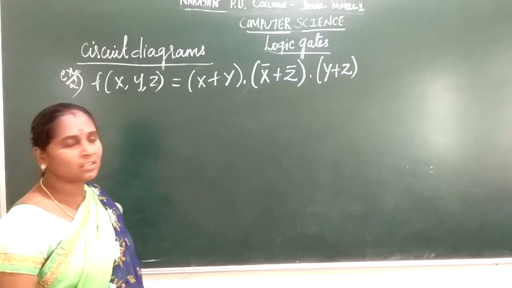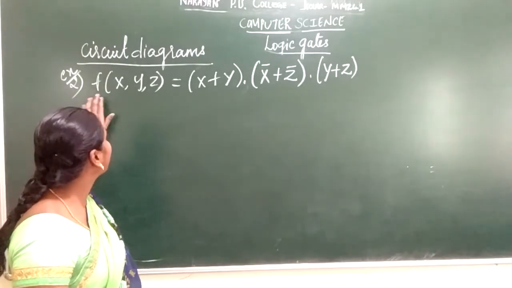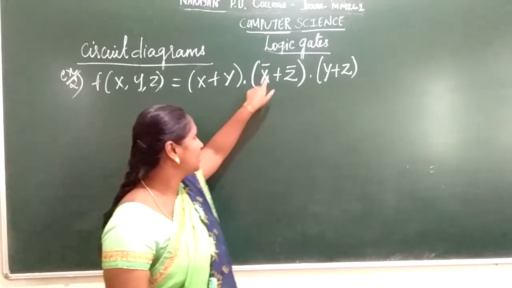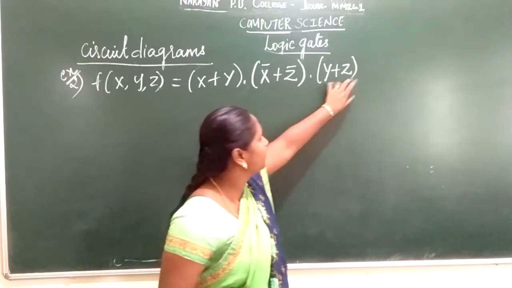Next, the second example of a circuit diagram is f of x, y, z equals x plus y into x bar plus z bar into y plus z.